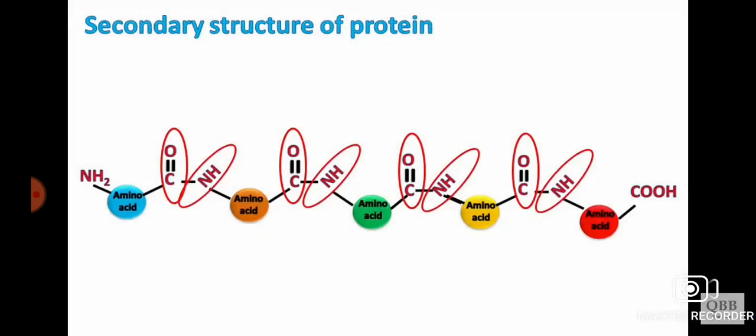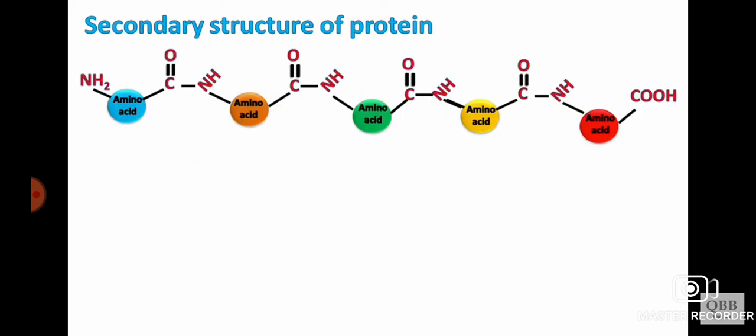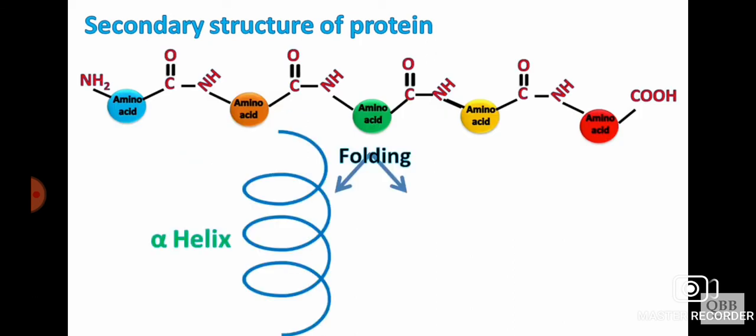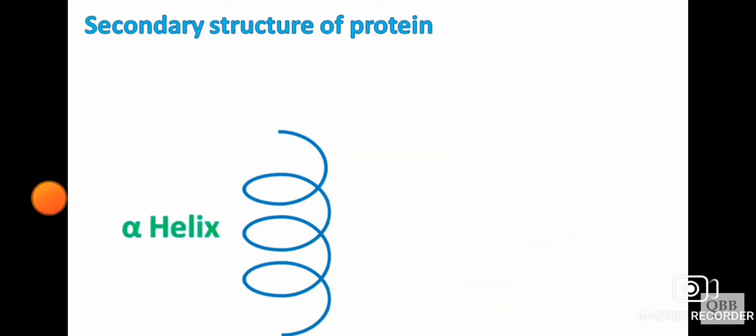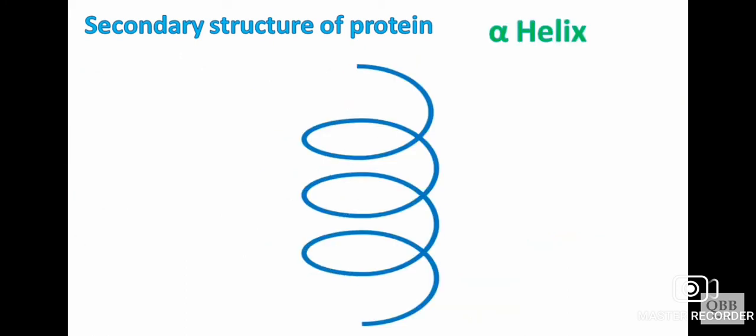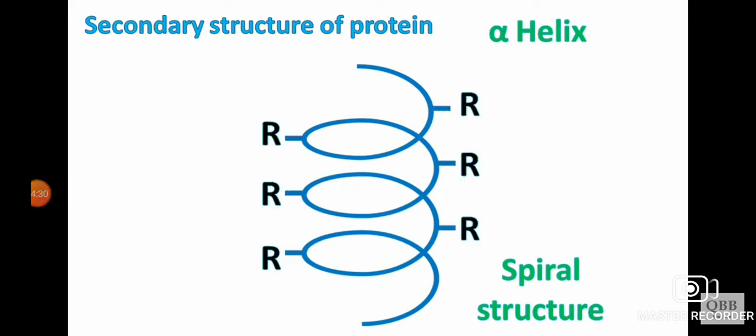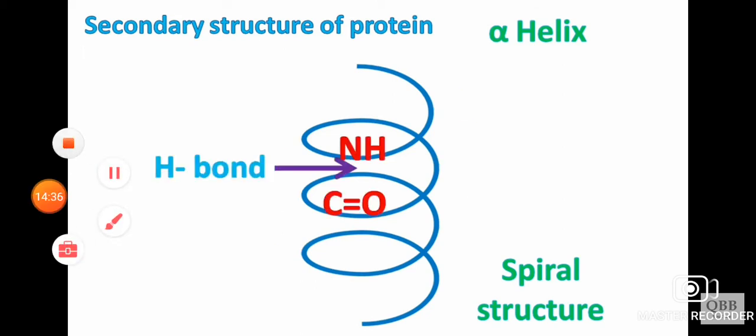In between the amino acids, hydrogen bonds can be formed, and they can get folded into an alpha helix or into the beta pleated structure. The same polypeptide chain will get folded, understood, to form a helical structure or an alpha or beta pleated structure.